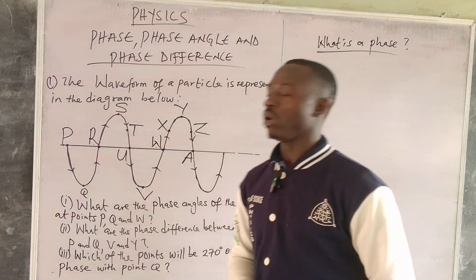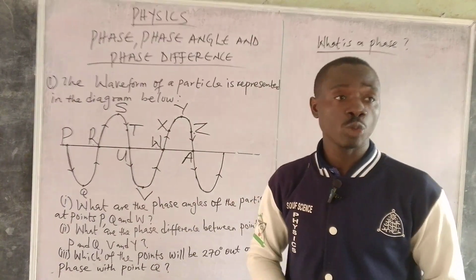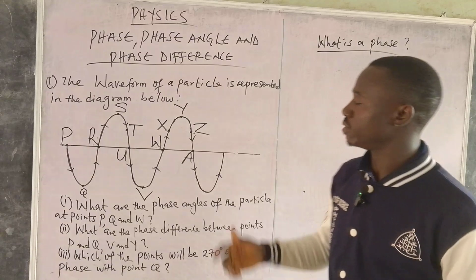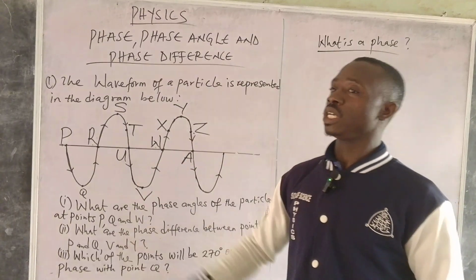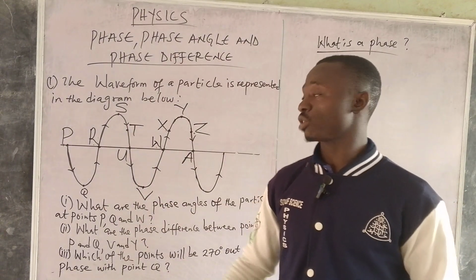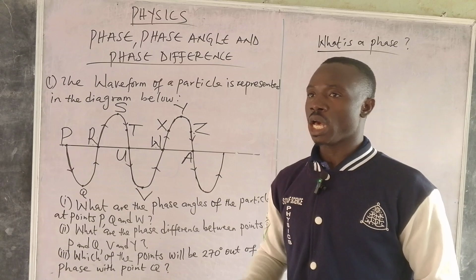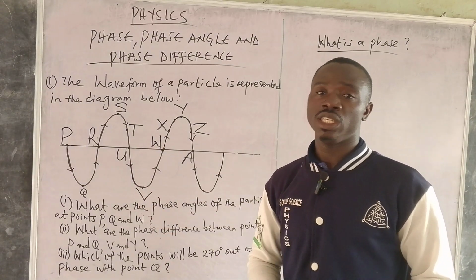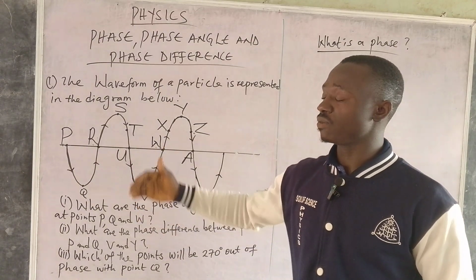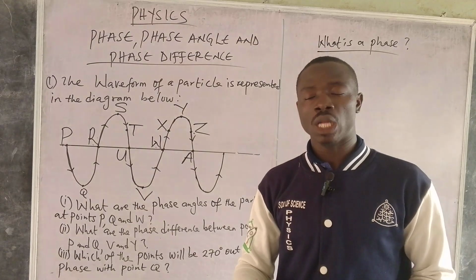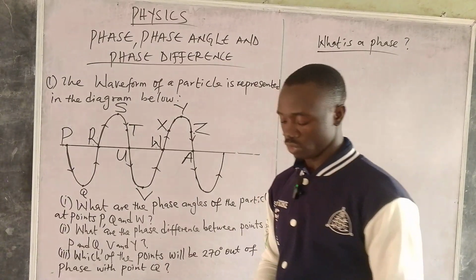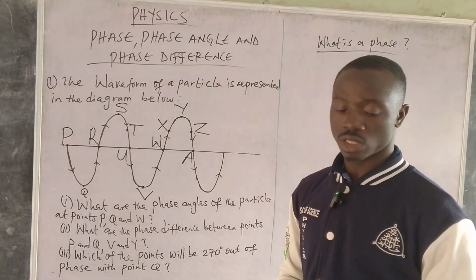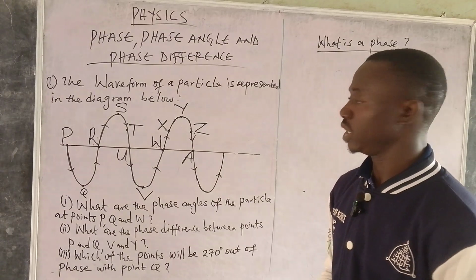Now, on a wave graph, 2 points are said to be in phase if they are at the same vertical distance from the origin and are also traveling in the same direction. So those points are said to be in phase.